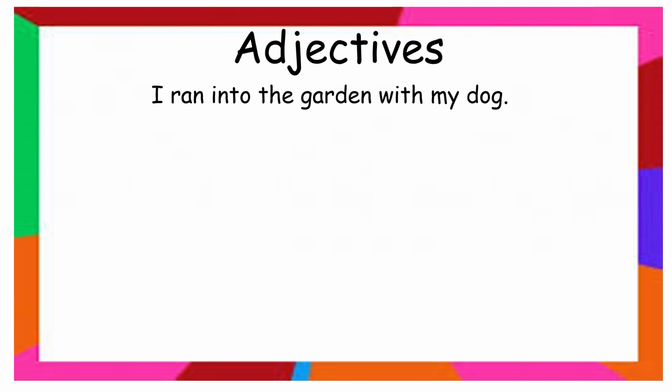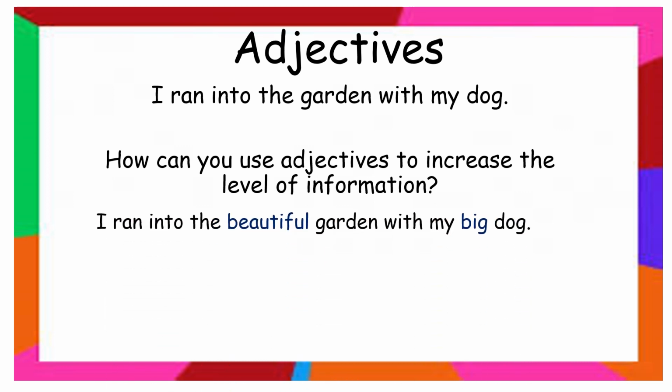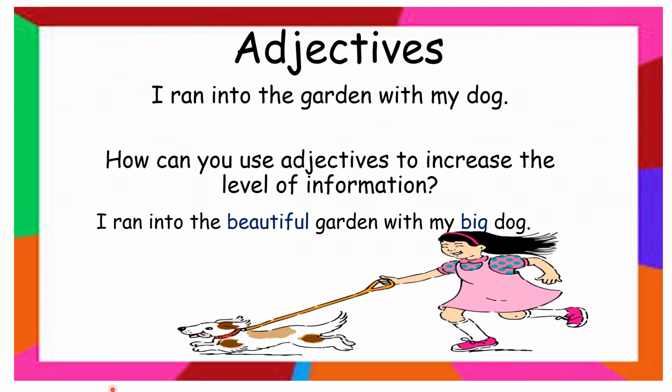I ran into the garden with my dog. How can we use adjectives to increase the level of information in this sentence? We could say, I ran into the beautiful garden with my big dog. As you can see, I have included an adjective to describe the garden and another one describing the dog.